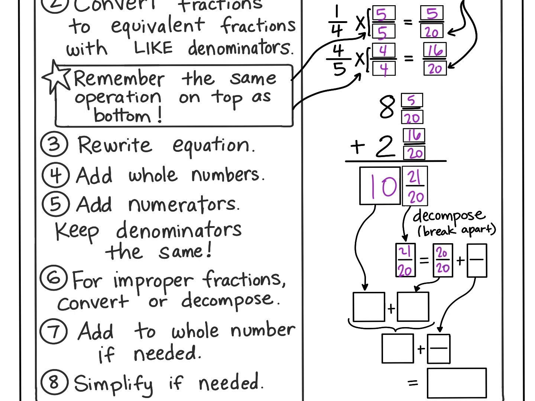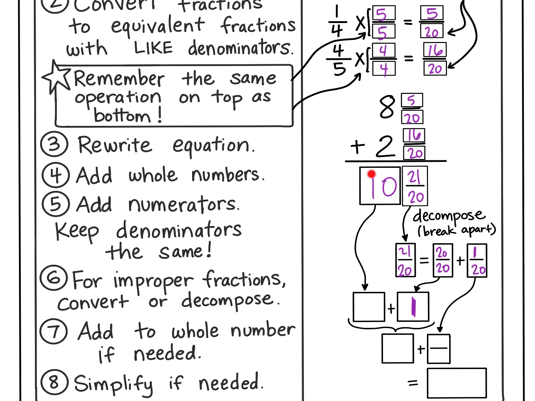Why would I pull out 20/20? What does that equal to? 1 whole. Okay, I know that 20 can go into 21 one whole time. That's equal to 20/20. So how many 20ths then do I have left over? I have 1. I started with 21/20. If I pull out a whole, that's 20/20. I now have 1/20 left over.